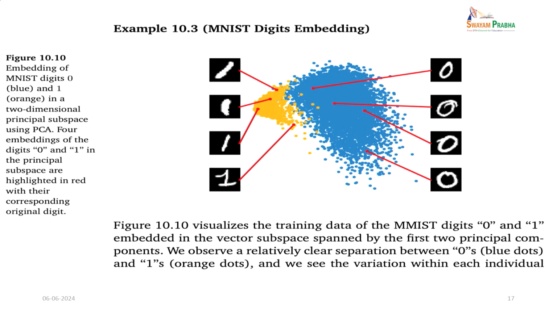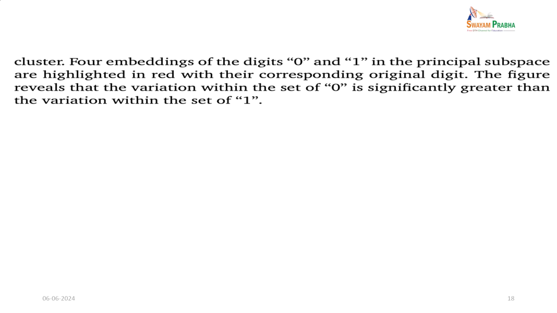So, this visualizes the training data of MNIST digits 0 and 1 embedded in the vector space spanned by the two principal components, and we observe a relatively clear separation between zeros and ones, and we can see the variation within each individual cluster.